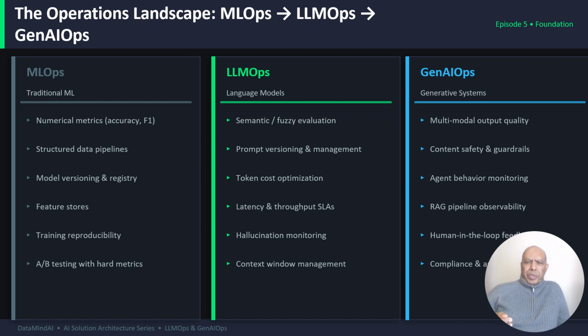Generative AI ops goes beyond single models to entire generative systems. So agents, RAG, multimodal, you are monitoring behaviors, not just outputs. If you apply traditional MLOps to LLM systems, you measure the wrong things.